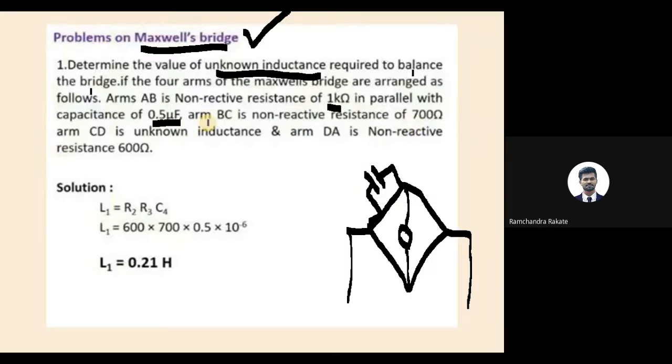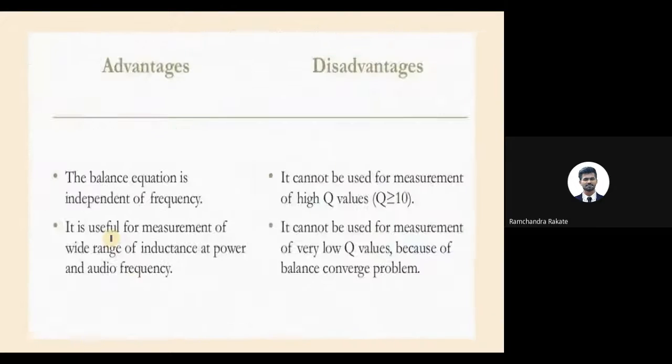BC is another branch of resistance, 700 ohm, and CD is the unknown inductance. The remaining arm is non-reactive. Suppose this is 700 and this one is 600. So what is our aim at the end?